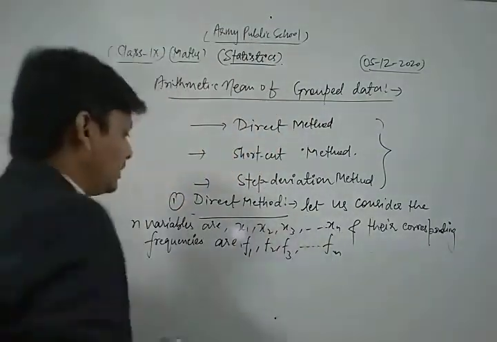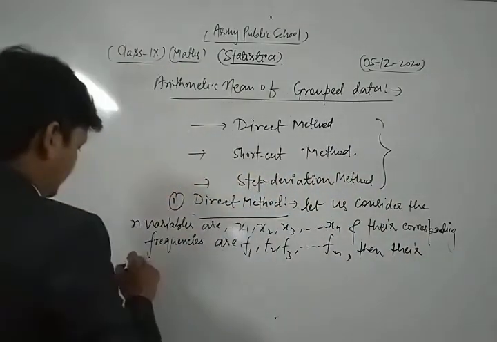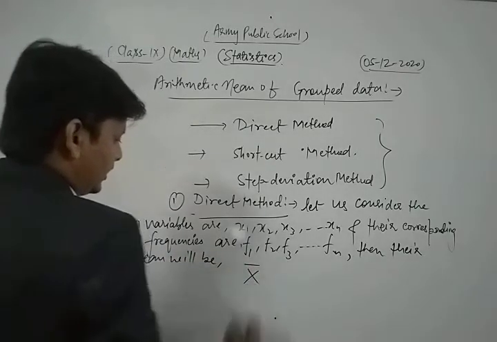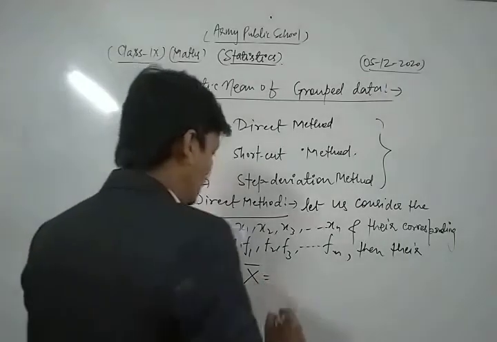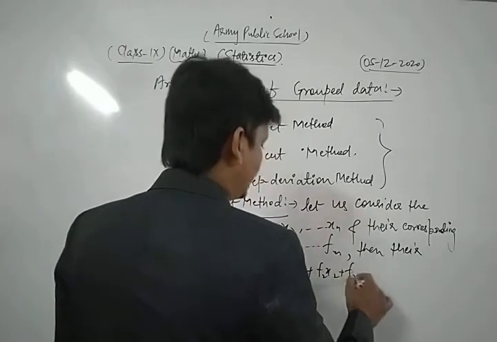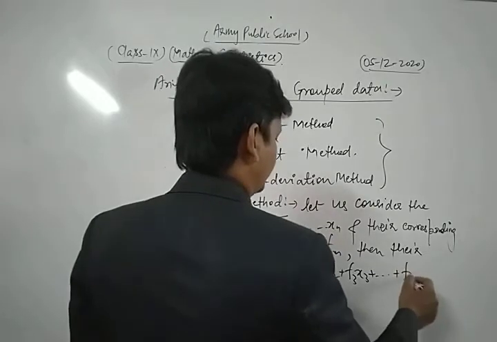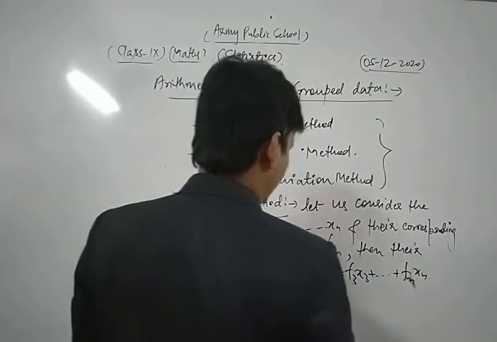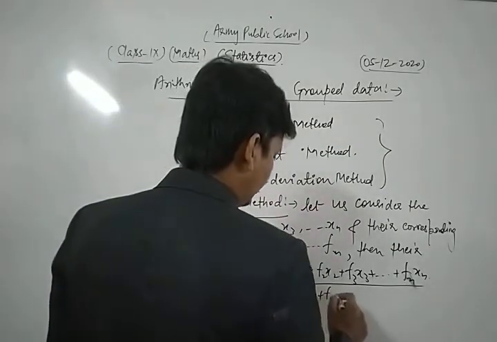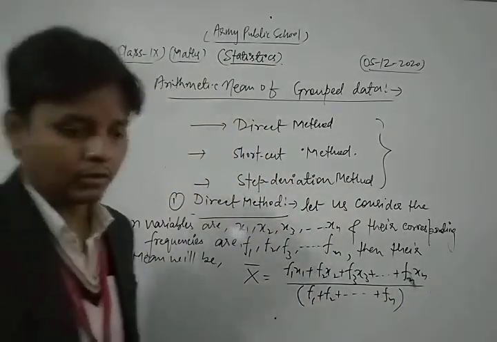Then their mean, denoted by x bar, is equal to f1 x1 plus f2 x2 plus f3 x3 plus and so on plus fn xn, divided by the sum of frequencies, that is f1 plus f2 plus and so on plus fn.